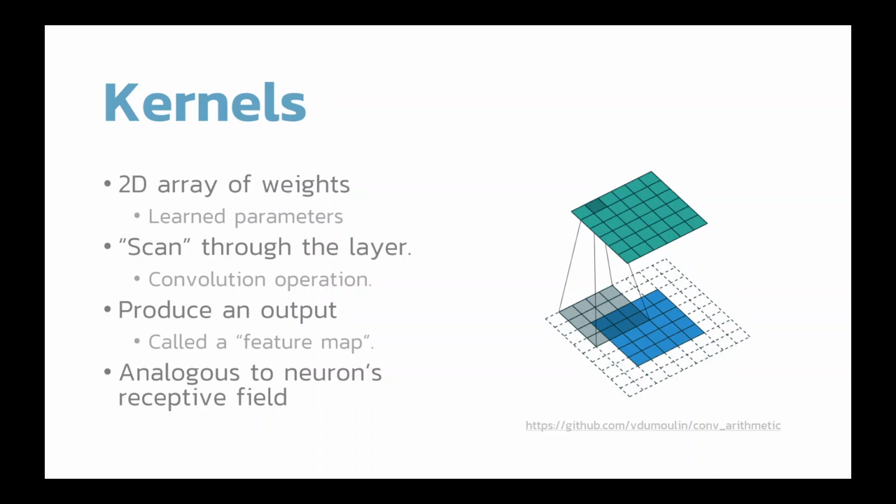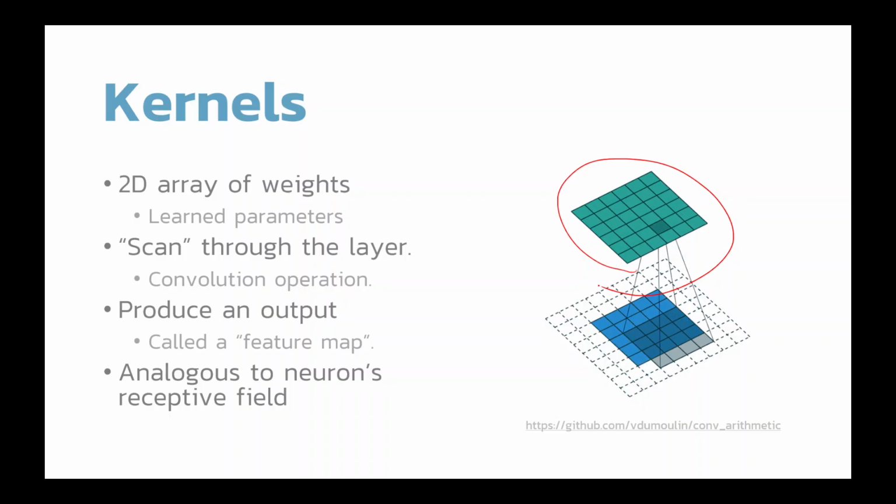The way we do this is we come up with something called a kernel. The kernel is like a receptive field in our eyes, in our visual cortex. We see the image, but we don't see things at once. We scan through the image and look for certain patterns first. That is what the convolution operation is doing.